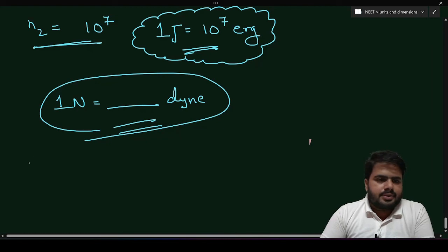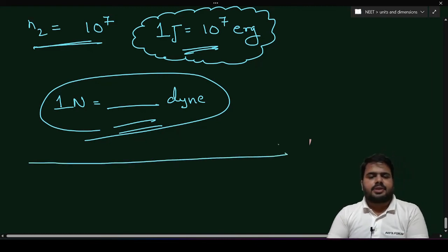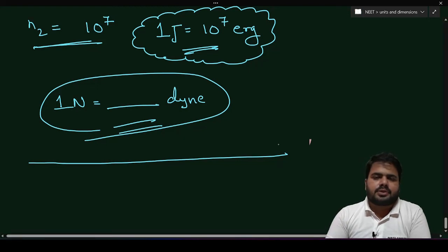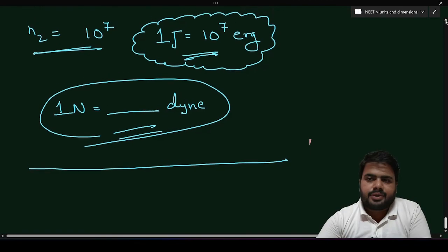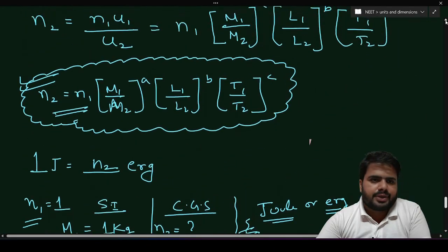Okay, so this is for today's lecture. We have discussed in this lecture how to convert between different systems of units, and also how to find the dimension of unknown constants, how to check the correctness of an equation, and how to derive the formulas or relationships between different physical quantities. Okay, let us have a quick review.